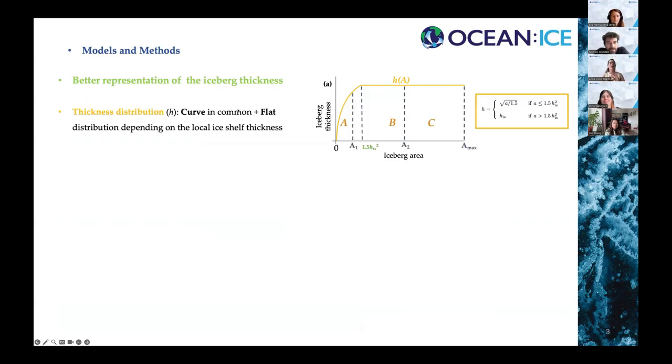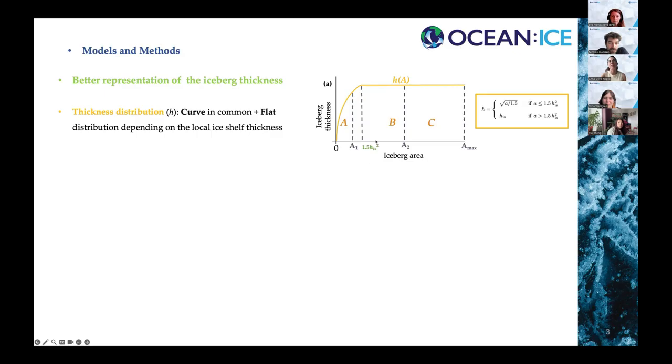First, we have a curve common to all the Antarctic ice shelves, which shapes the thickness of the smallest icebergs. This common curve has been defined using the Åström 2021 definition for tabular icebergs.